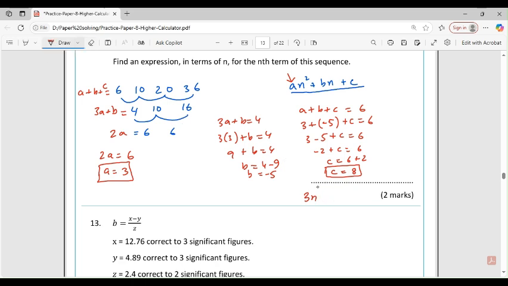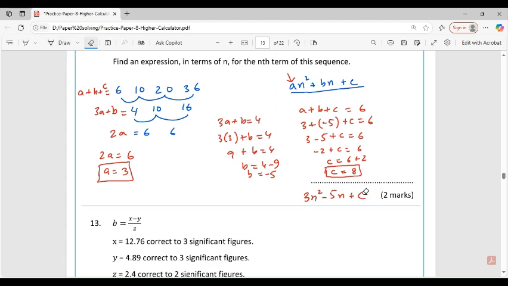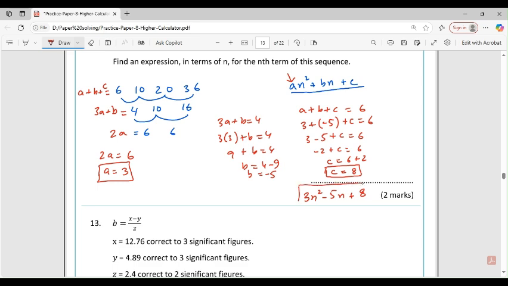So 3n square, and then comes minus 5n, and the value of c is 8. So instead of c, we are going to write 8 here. So this is going to be your final answer. This is the quadratic equation that gives you all these numbers.